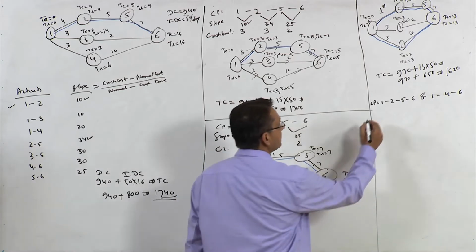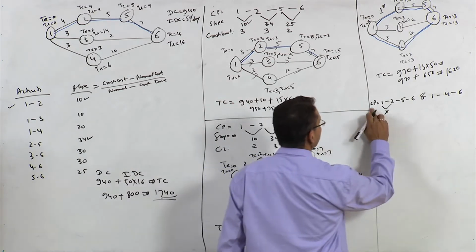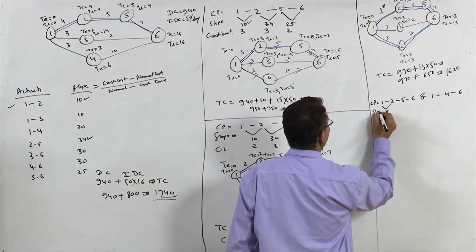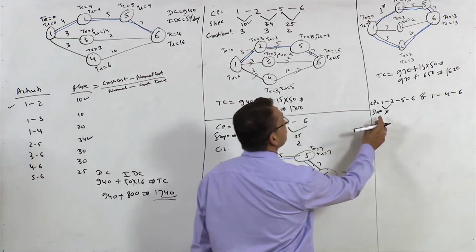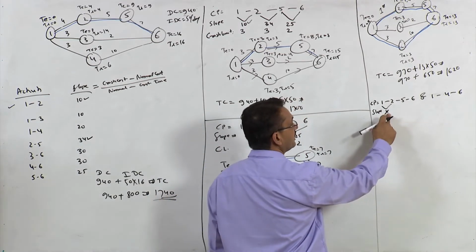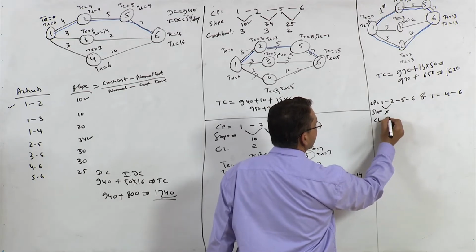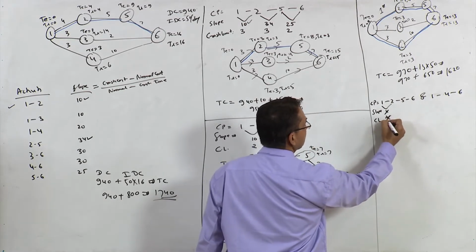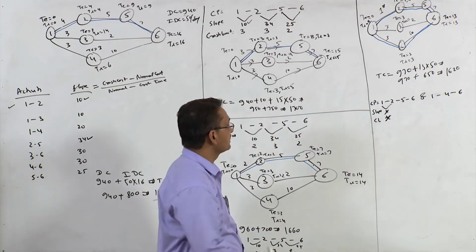You cannot crash this activity, okay? So let us look at the slope first of all. You should not write slope and crash limit for activity 1, 2, right? So this is exhausted, right? Whatever the slope is, you cannot reduce its duration, right?